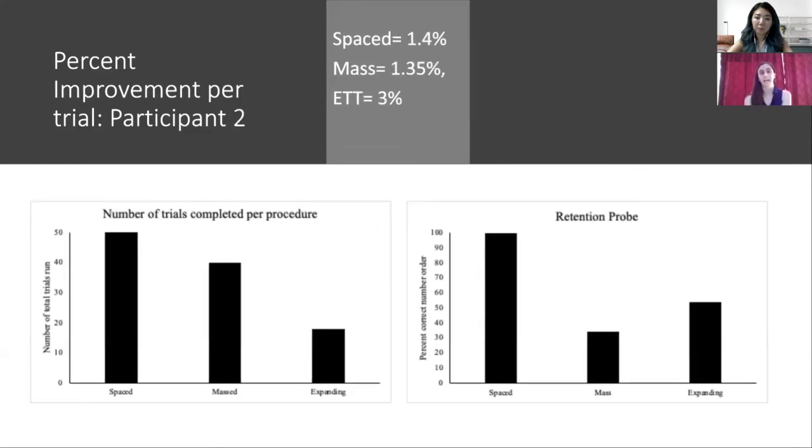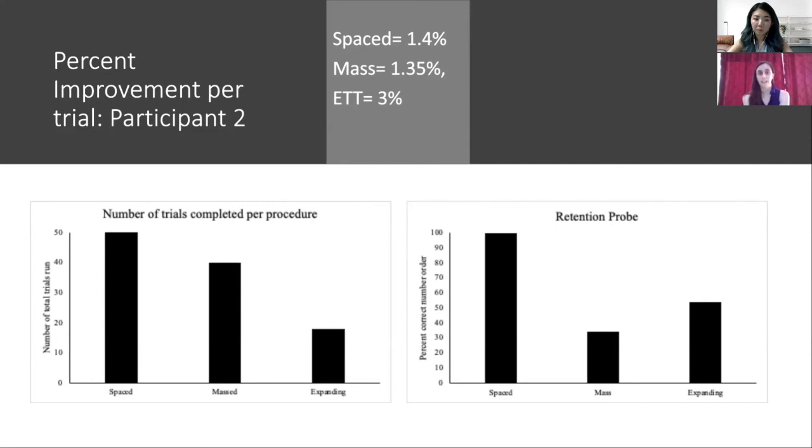Very similar data for % improvement per trial for participant 2. We did take into consideration while recording these numbers that for space, yes, they did 50 trials, and yes, they got 100% retention probe, but they still needed to complete 2 more trials in order to hit that mastery criteria.